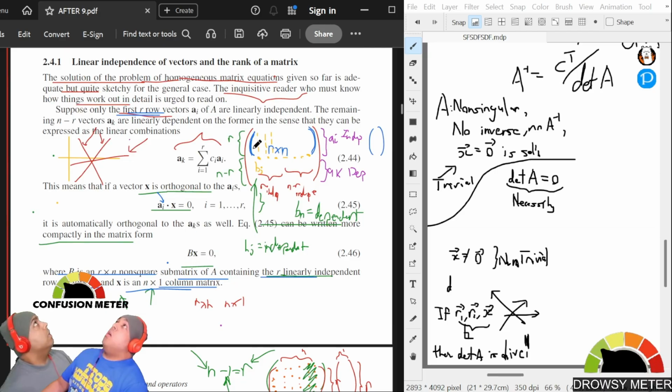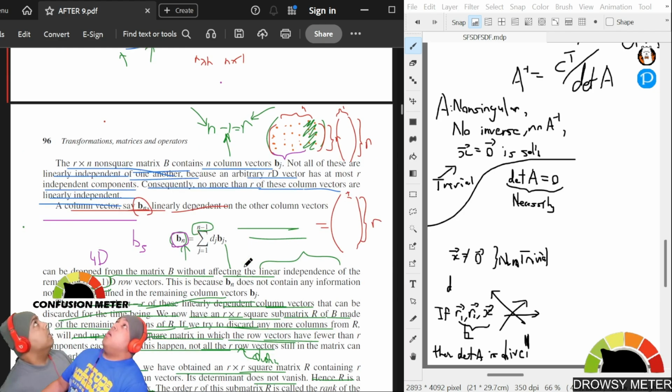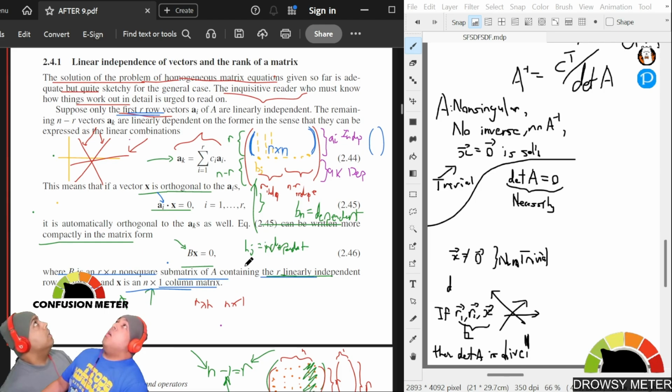So A is the original guy. B is, how do we even get B? B is from all the independent row vectors from A. The order r of the submatrix R is called the rank of the matrix A or B. So rank isn't actually about how many rows or vectors there are.